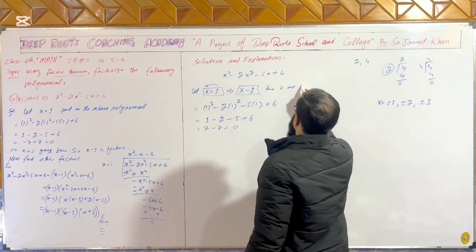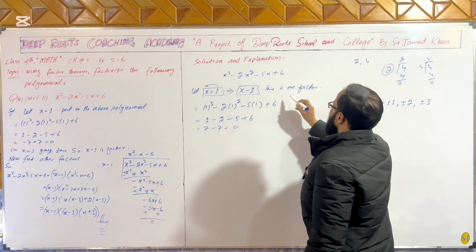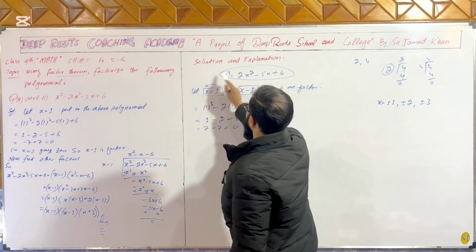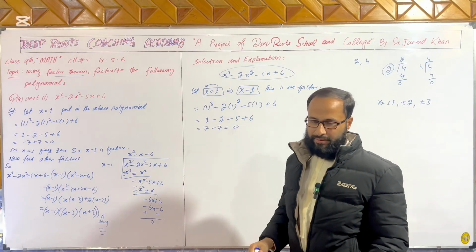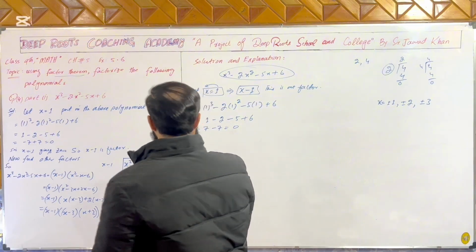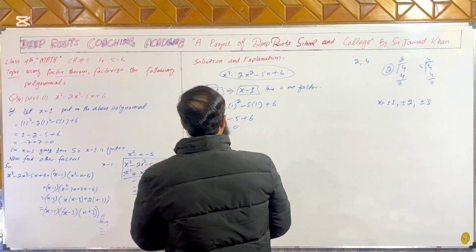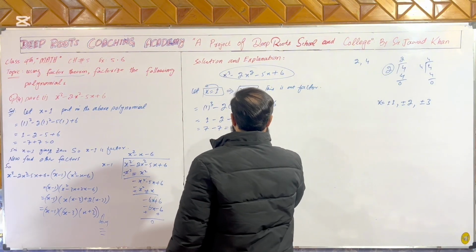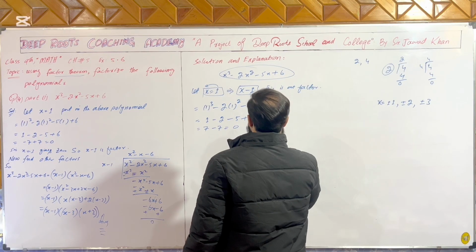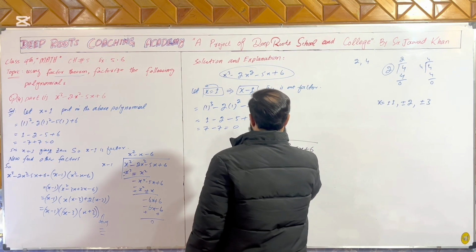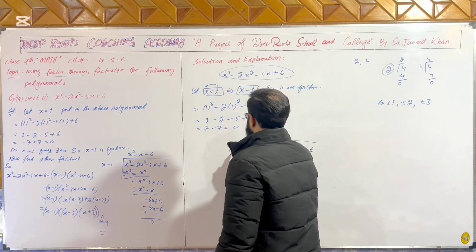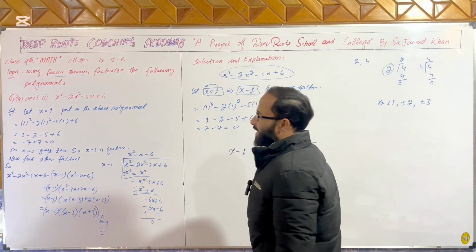This is one factor of this polynomial. Since this is the factor, so we will divide the polynomial by this factor, by dividing this polynomial by x minus 1.